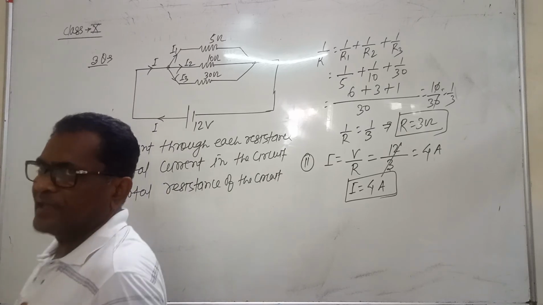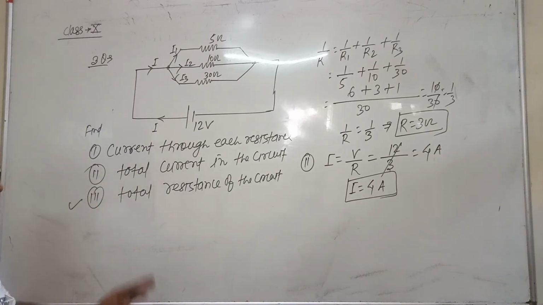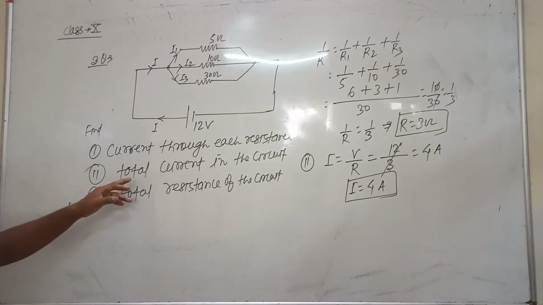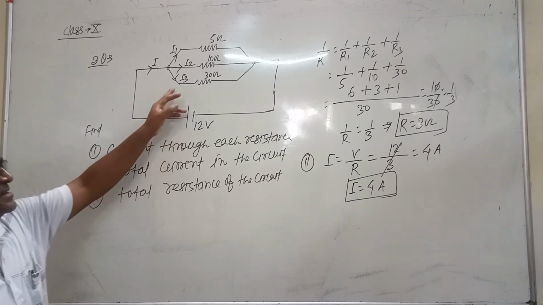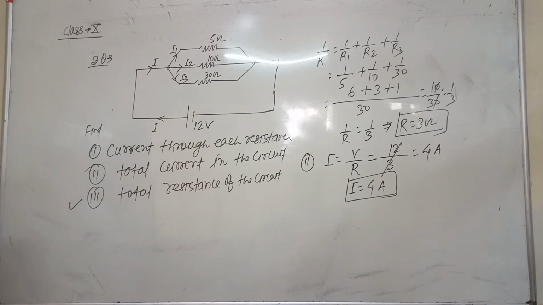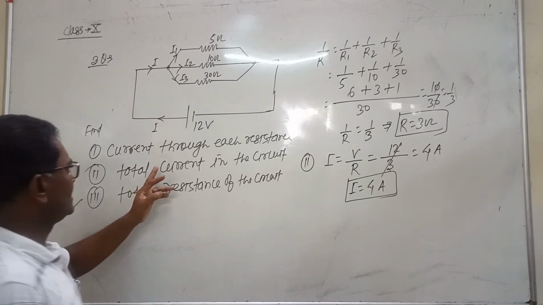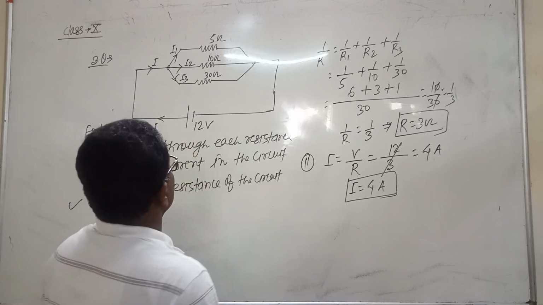And we know that this is the parallel combination, so the current across each resistance will be different, but the potential difference will remain the same. The potential difference across each resistance will remain the same, and the potential difference given is 12 volt.